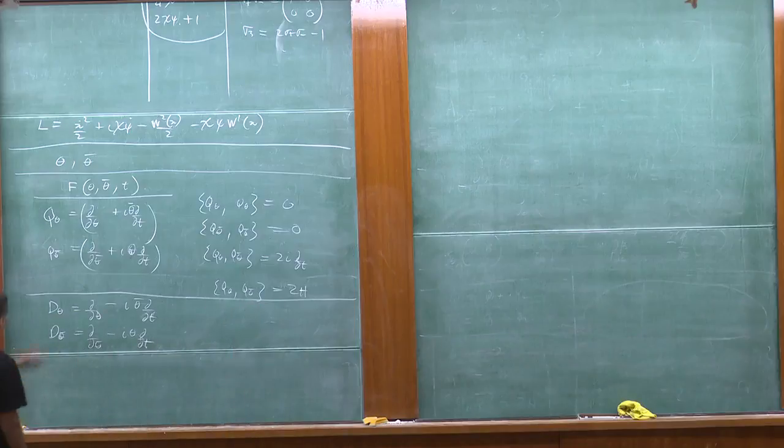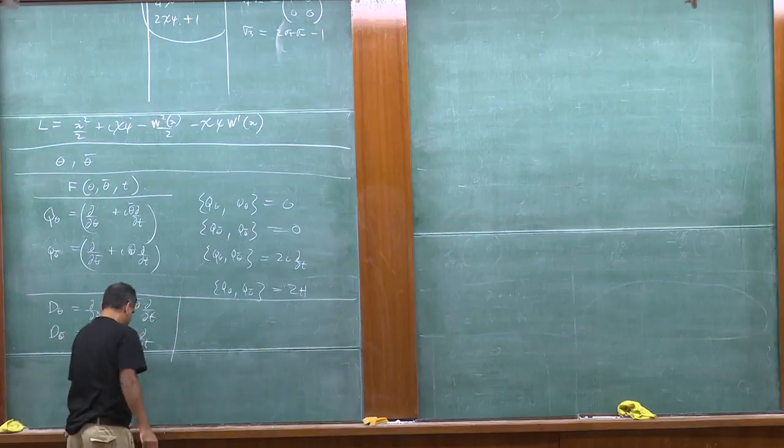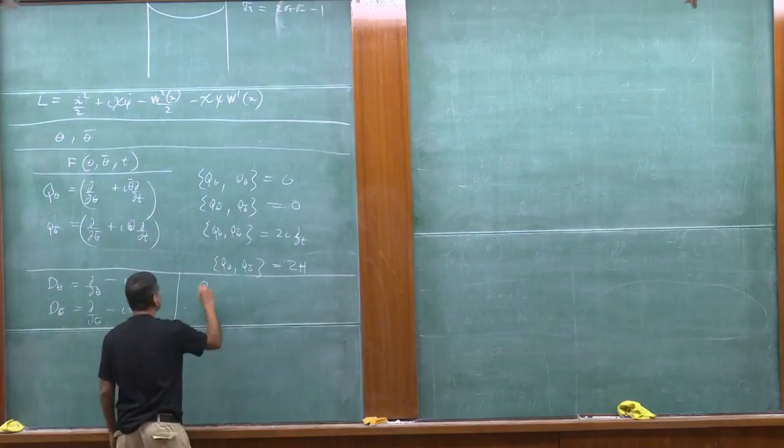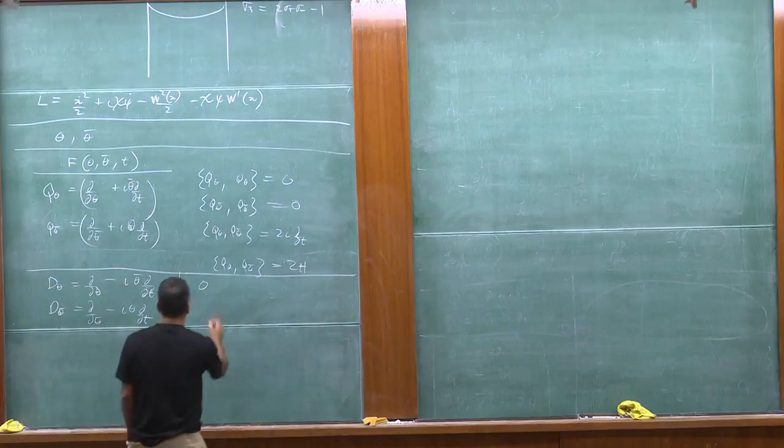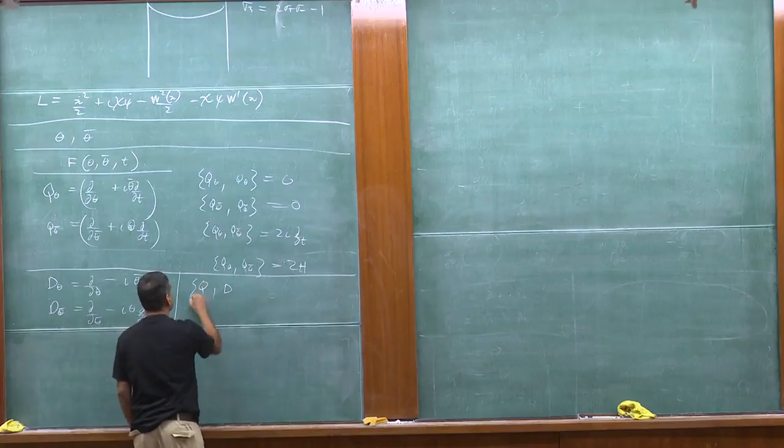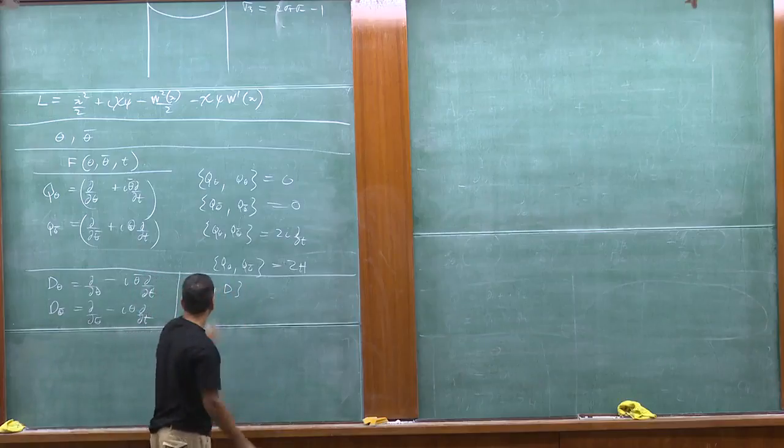By making one of them minus the other, we could have made them implement the same algebra as the supersymmetric algebra. What is important is this. The important thing is that Q's and D's anticommute with each other. So Q with D, irrespective of barred or unbarred, is equal to 0.